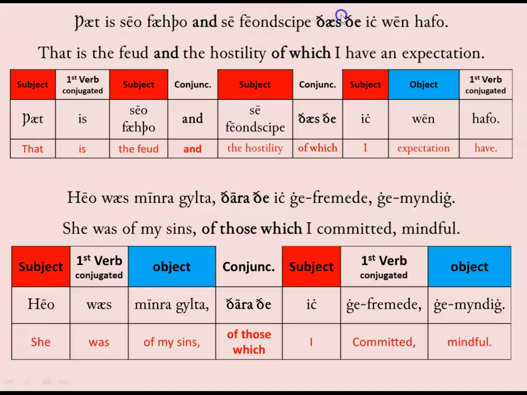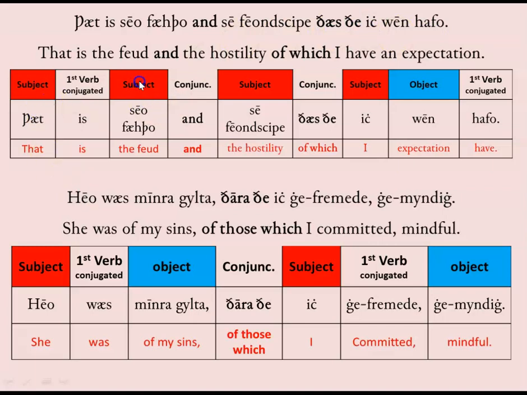The main point here is this thaes the. Thaes is the genitive demonstrative article, so you could interpret that as of which, or even of who. Of which, of who. This time I'm using the eth symbol instead of the thorn symbol for both of those at the beginning there.